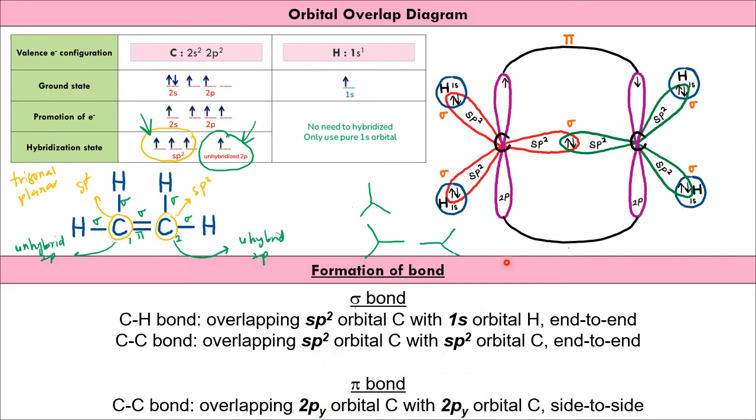So, saya pilih PY dekat sini sebab dia vertical. So, the carbon-carbon bond dekat sini, masih lagi carbon-carbon bond, overlapping between 2 PY orbital of carbon with 2 PY orbital of another carbon. Cara dia adalah side to side to form the pi bond.